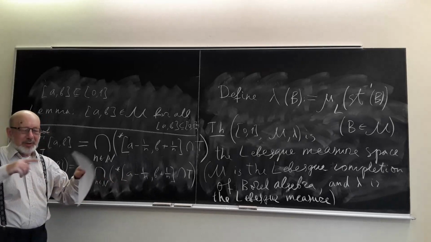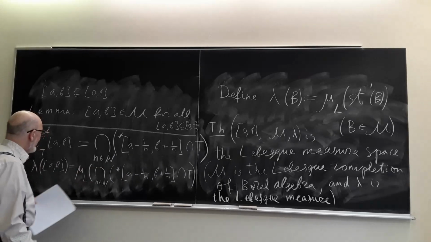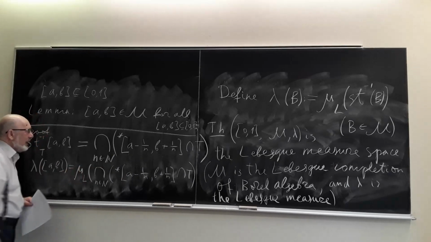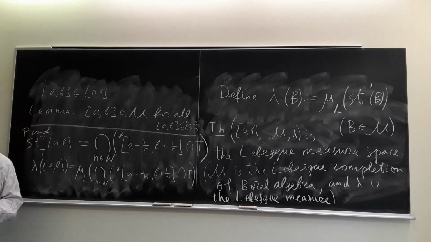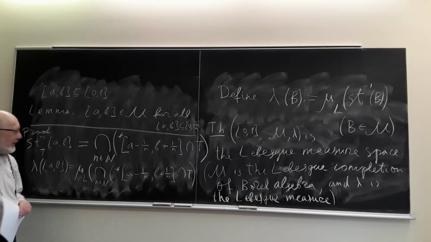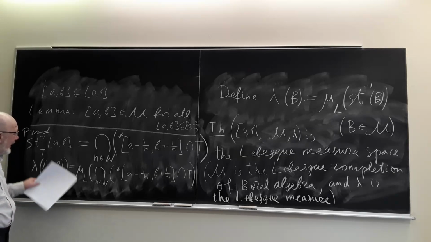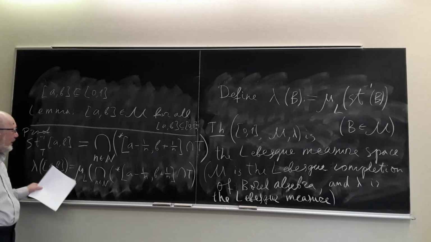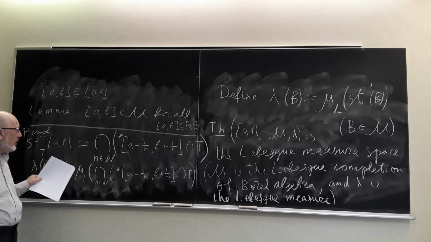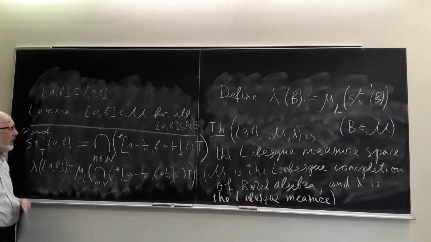If you take the intersection, mu_L itself contains the standard part, so we don't need to write the standard part once again.